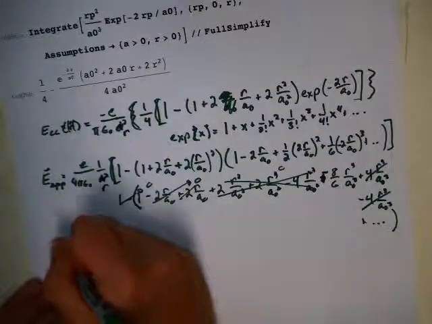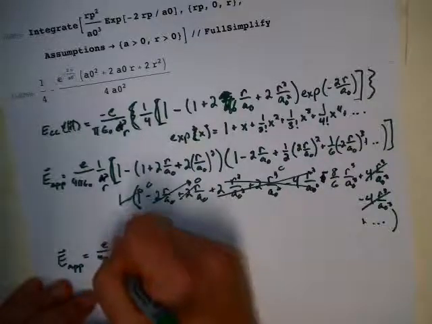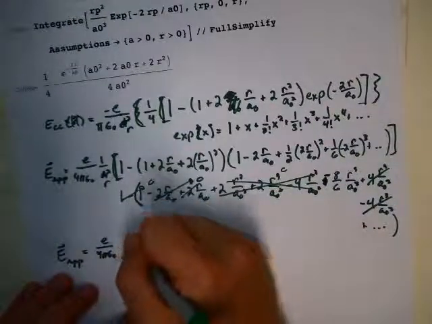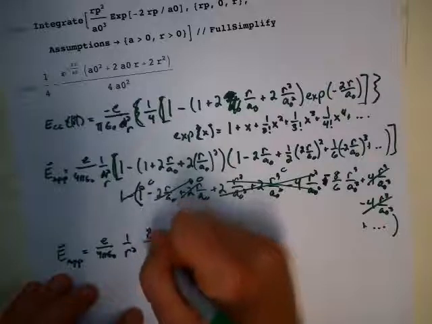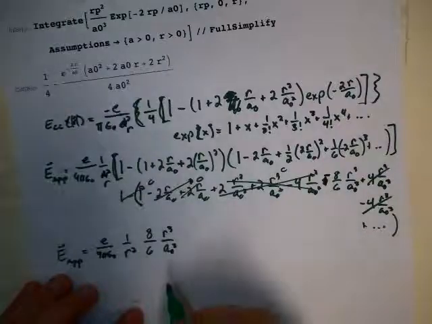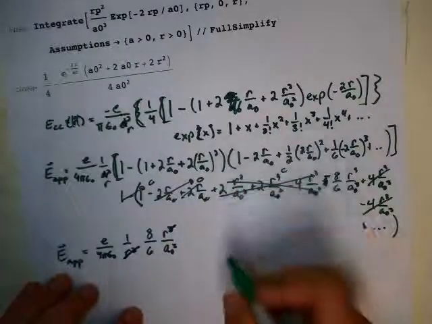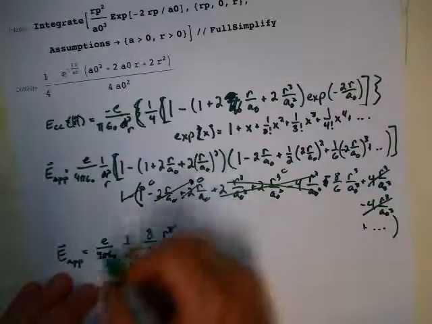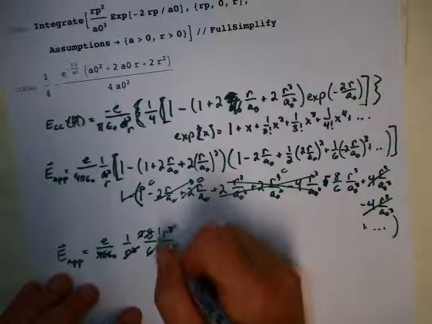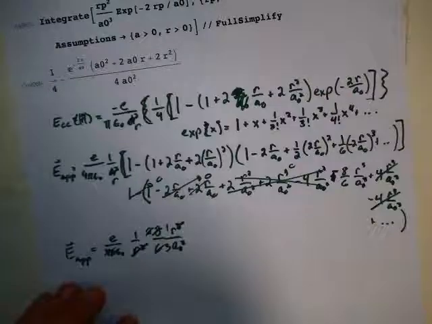And so my applied electric field now is going to be E over 4 pi epsilon naught, I have a 1 over r squared, and then times an 8 over 6 r cubed over a naught cubed. Yeah, so obviously that, and this is going to give me 2/6 or 1/3.